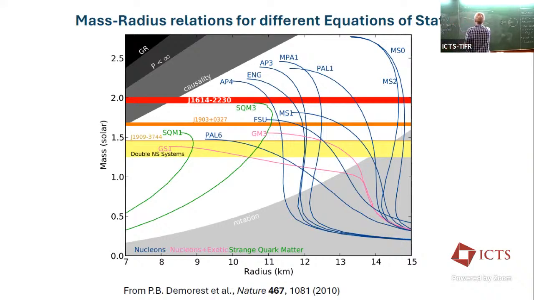So in this model, we have an inner core. It goes out to roughly half the radius of the star. A lot of uncertainty about exactly how far it goes out. And then we have the outer core, which goes most of the way out to the rest of the star.